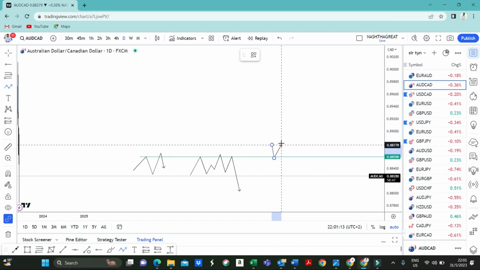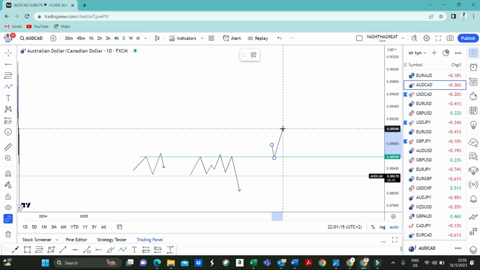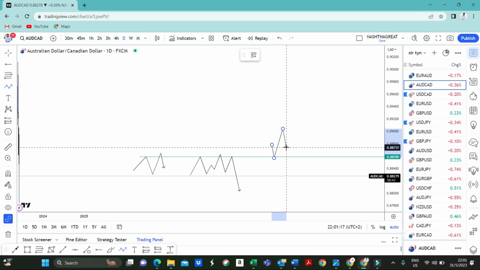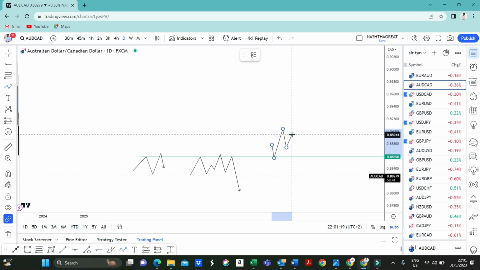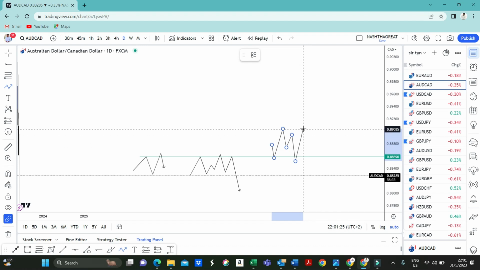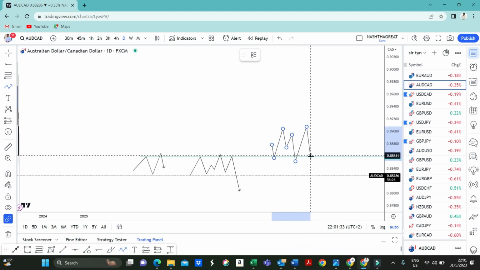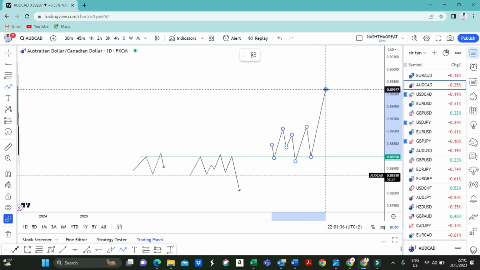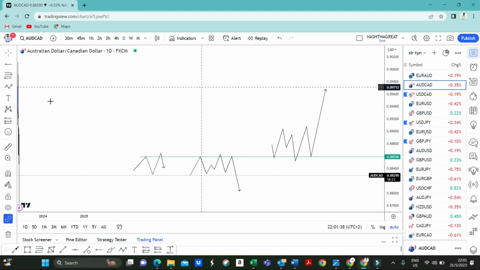After creating a low, price goes up. Then on the way, it will come to take that liquidity. After taking that liquidity, they go back like this. The moment they break this high, when they're coming back there, we take our buys and up we go. Very simple setup.